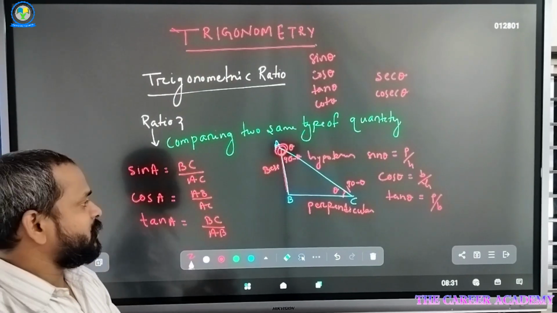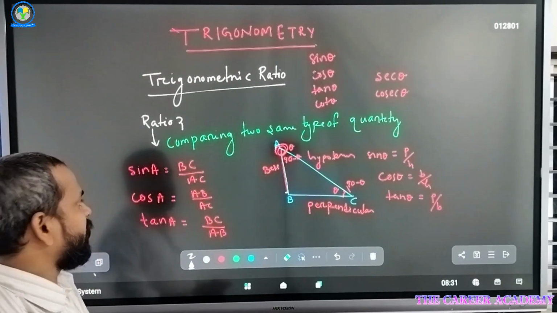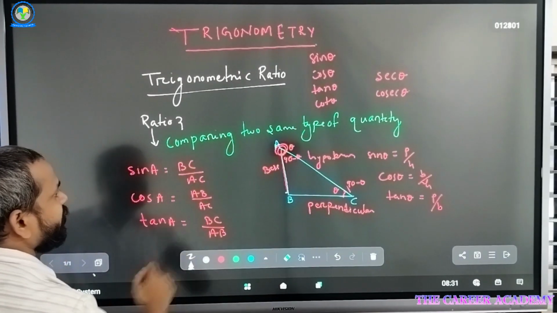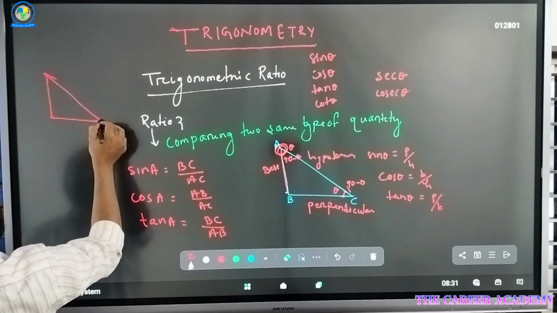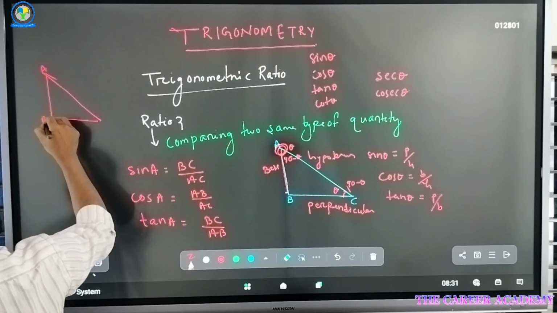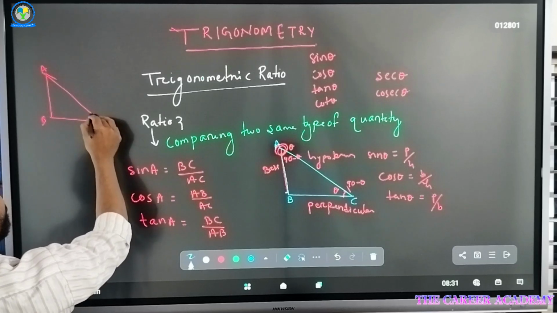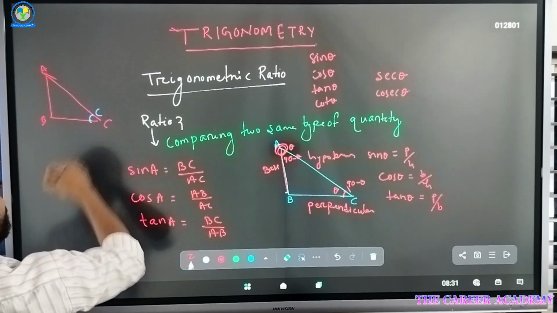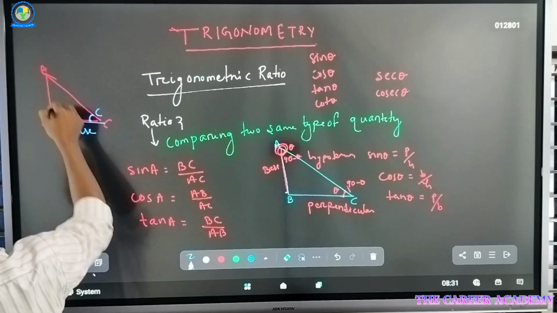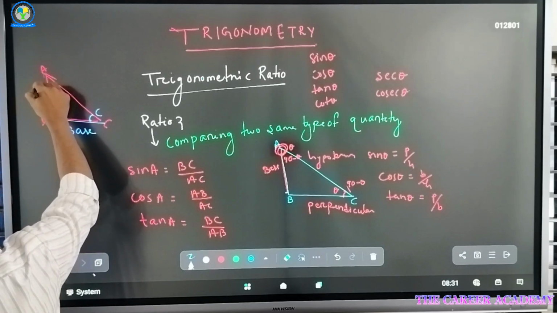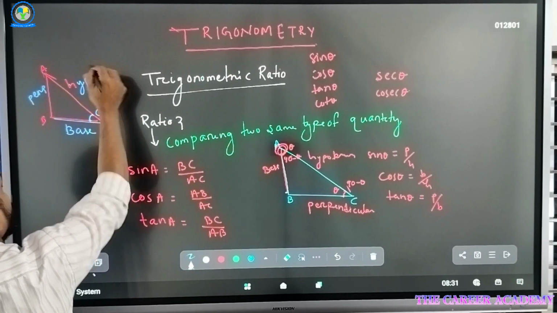Whenever we take angle A, AB can be base, BC can be perpendicular and AC can be hypotenuse. Whenever we take angle C, now BC can be base, AB can be my perpendicular and AC can be my hypotenuse.